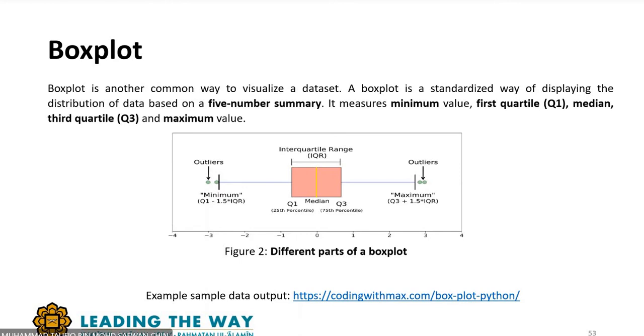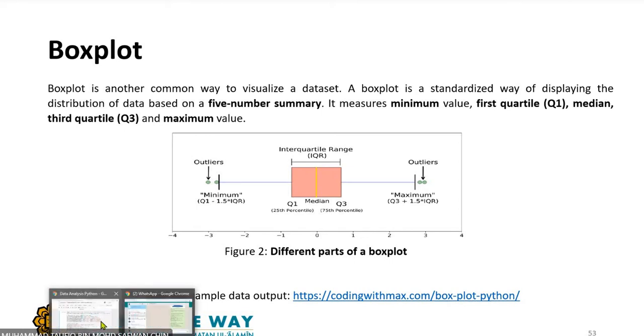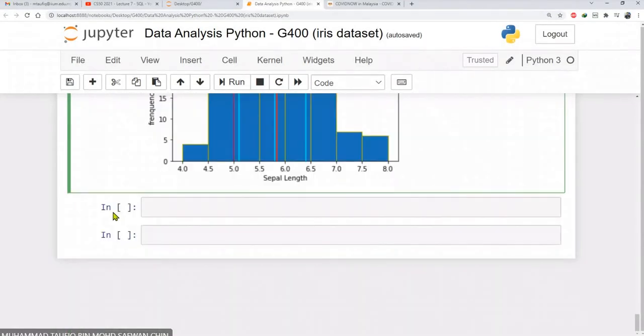The best way is to filter, so you just focus on the range here only, including when you find the mean, median, mode and so on. To create the box plot, we still use matplotlib.